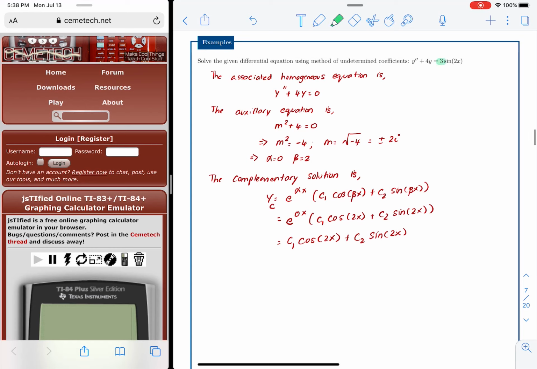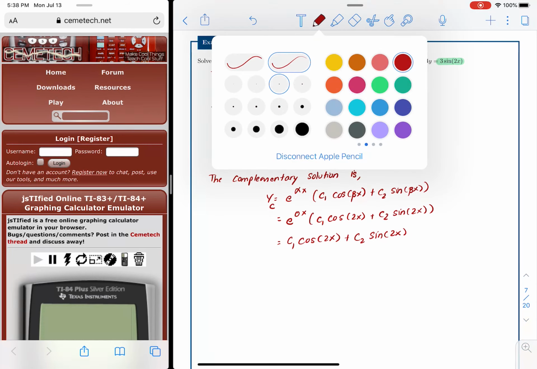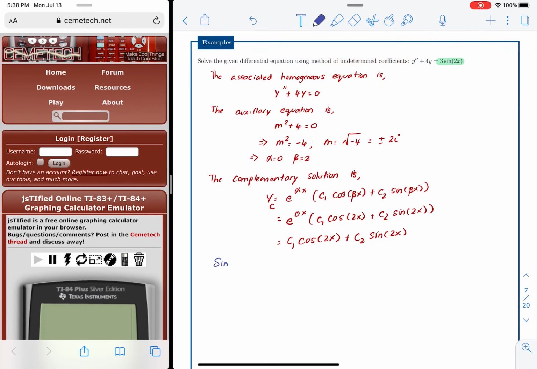So I look at g of x. Since g of x is 3 sine 2x, the guess in superposition approach here is that the particular solution is of the form yp equals a cosine 2x plus b sine 2x.